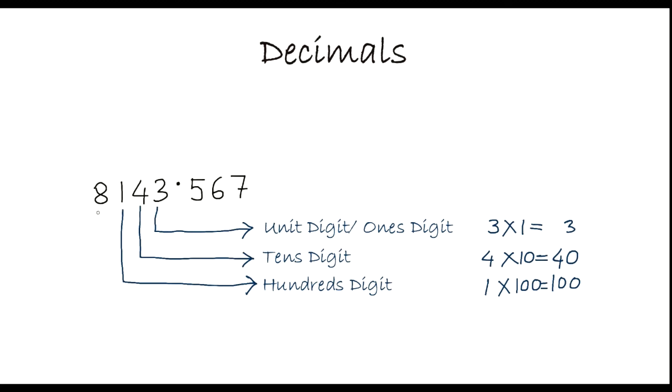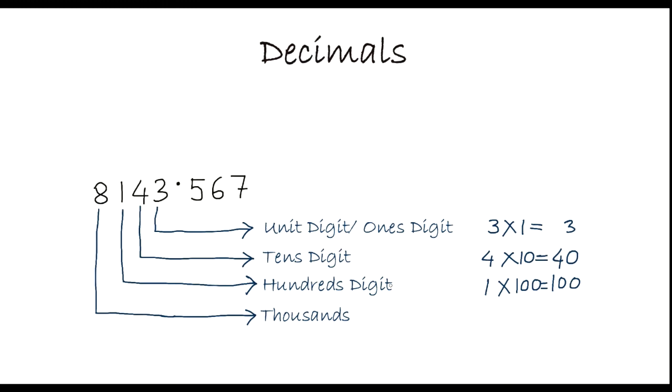The next place is called the thousands place or thousands digit. There are 8 thousands. So we will multiply 8 by 1000.